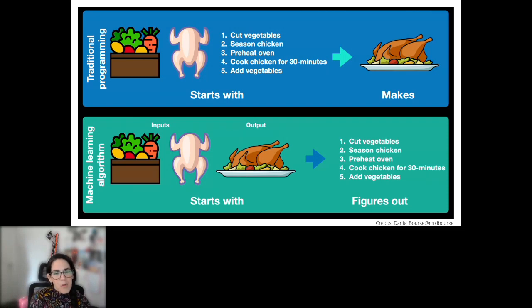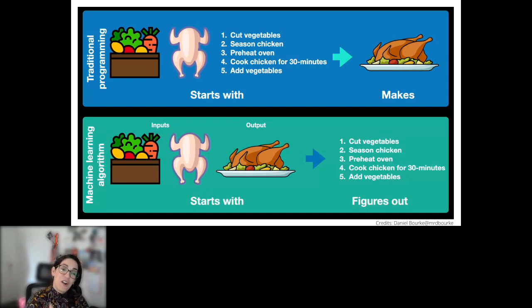We have the vegetables, and we have a turkey, I guess. And we also give a set of rules. First, you're going to cook the vegetables, then you're going to season the chicken, and so on. And then the result is that it will give us the cooked chicken and everything.